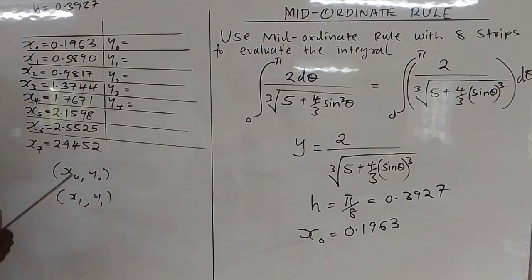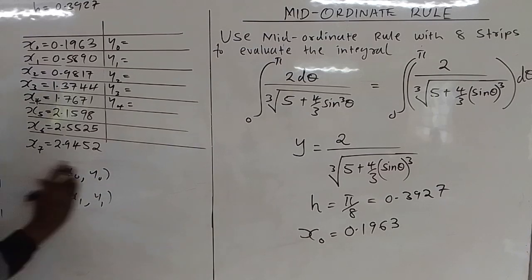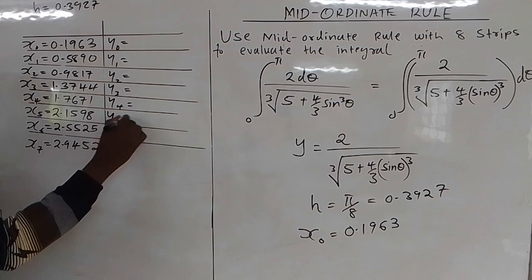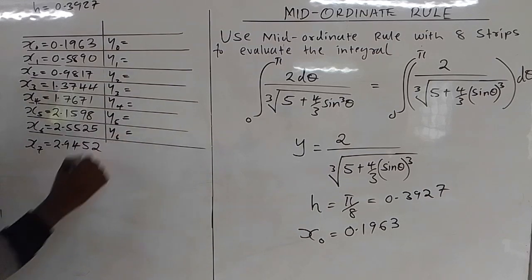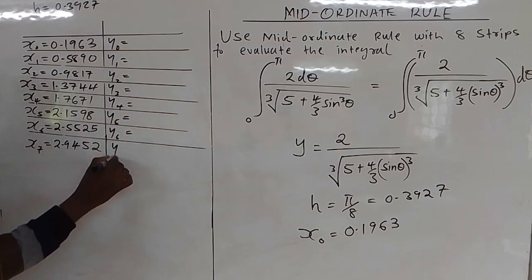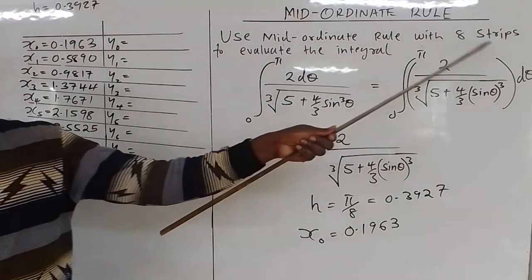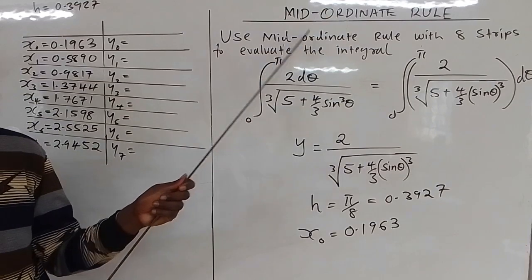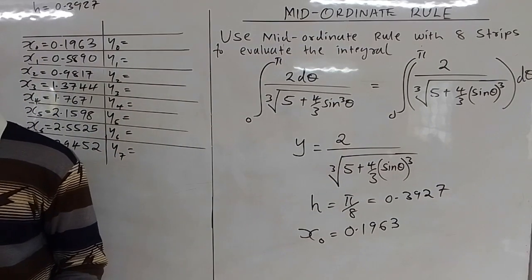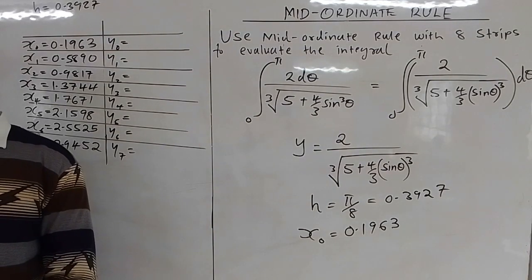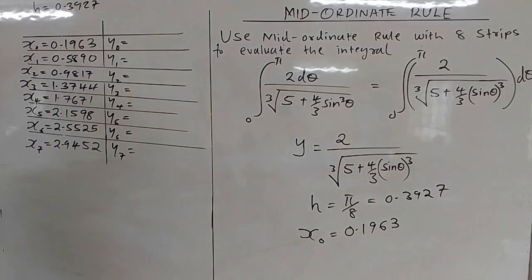When x5 gives you y5, x6 gives you y6, and x7 gives you y7. You counted them, there are 8 ordinates as required. 8 strips in the mid-ordinate rule, each strip has only one ordinate, meaning the number of strips is the same as the number of ordinates.